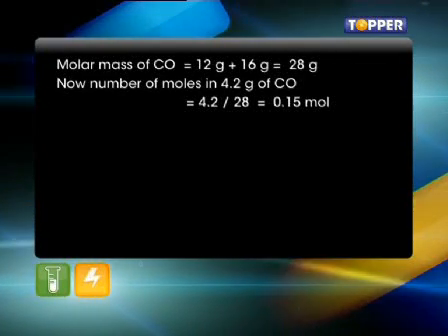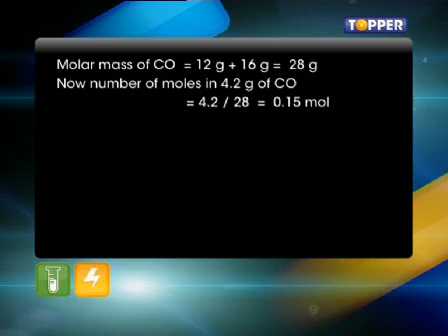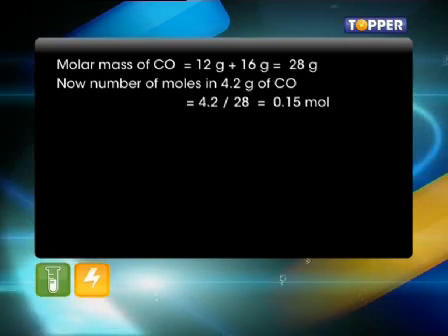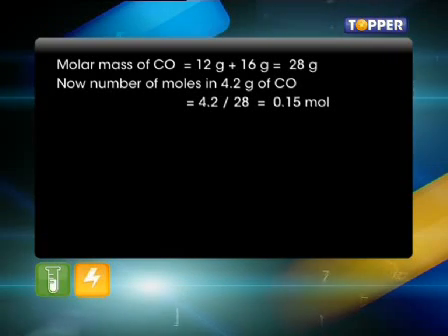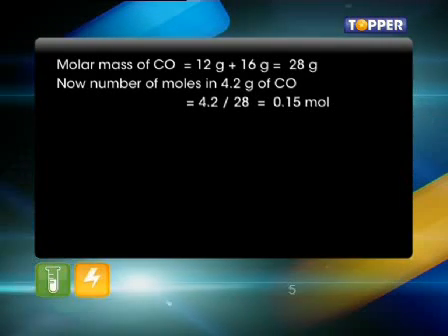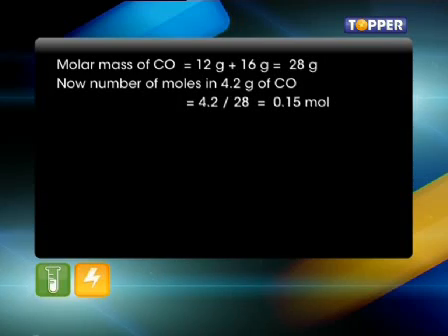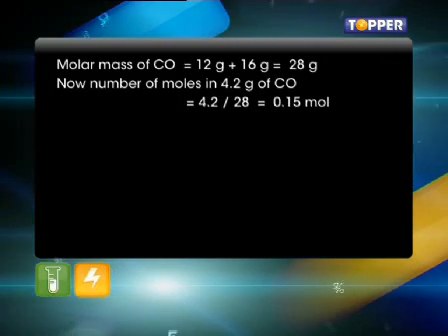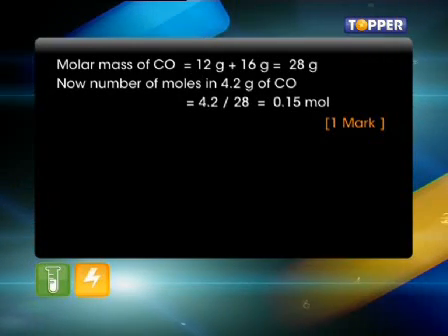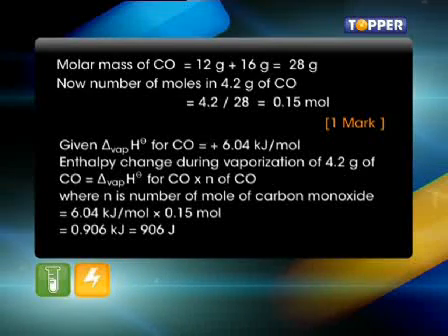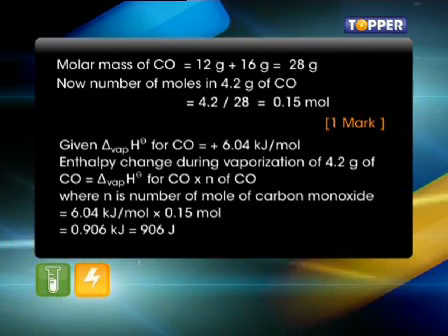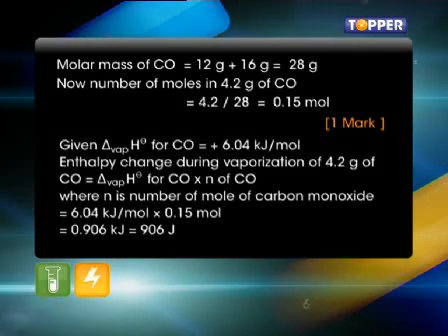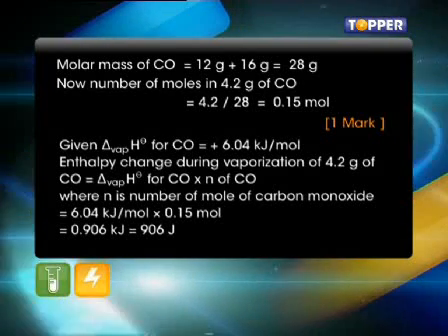We have been given 4.2 grams of carbon monoxide. From its molecular weight, that is 28, we can easily calculate the number of its moles, which is equal to 0.15. Solving till here will get you 1 mark. Now, enthalpy of vaporization is given as 6.04 kilojoules per mole and we are having 0.15 mole.